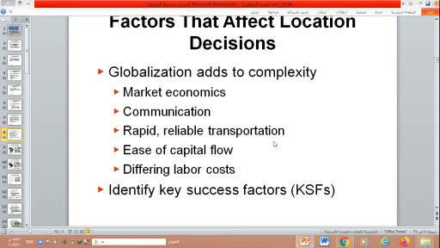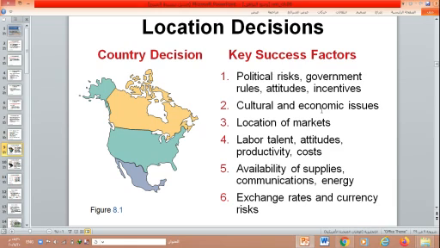Okay, so if the businesses or organizations decide to open new offices or retail stores in new countries, they have to make an analysis of the key success factors relating to this country to achieve a competitive advantage. Okay, the first step in location decisions is the country decision. You have to be very careful in deciding in which country to locate your facilities.